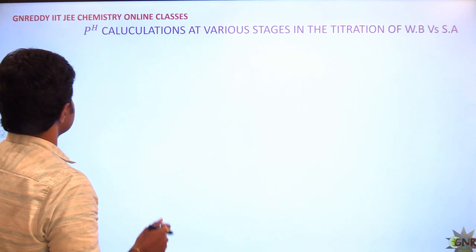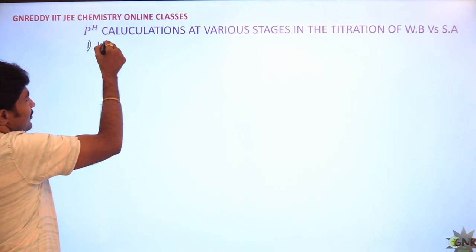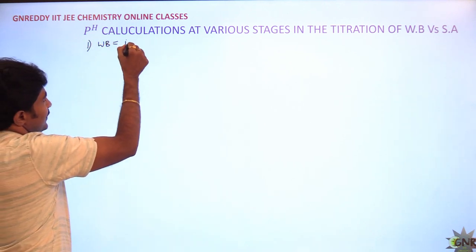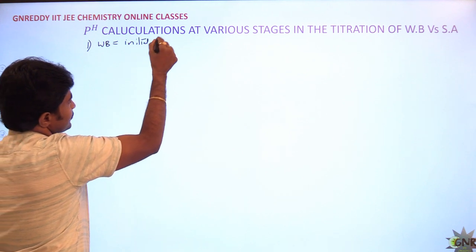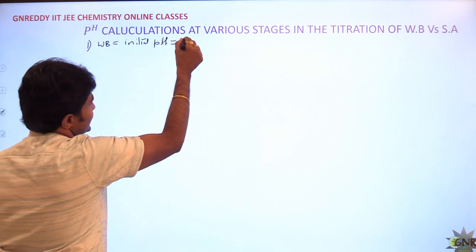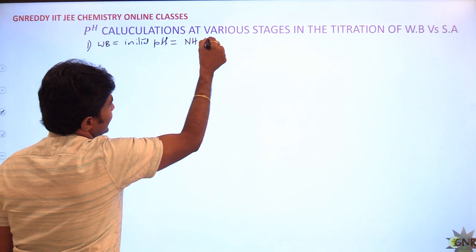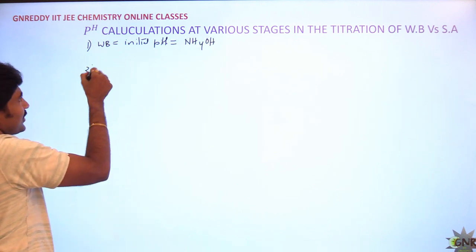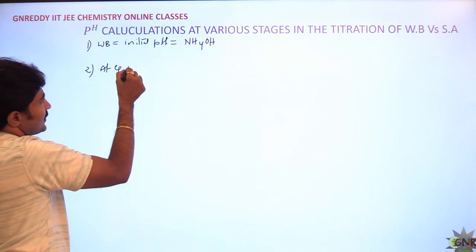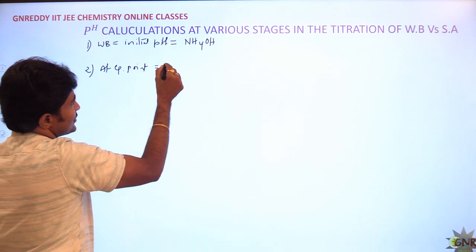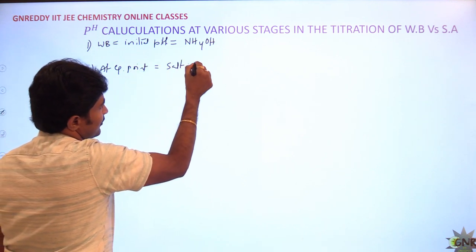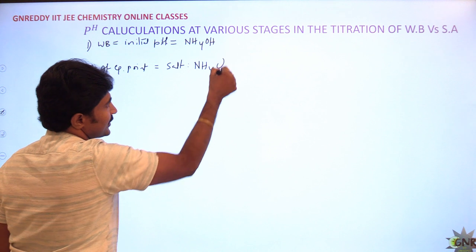See these calculations. First one, this is a weak base, initial pH. So this is ammonium hydroxide pH, and the second one is at equivalence point. This is the salt. Which salt will be there? Ammonium chloride salt will be there.